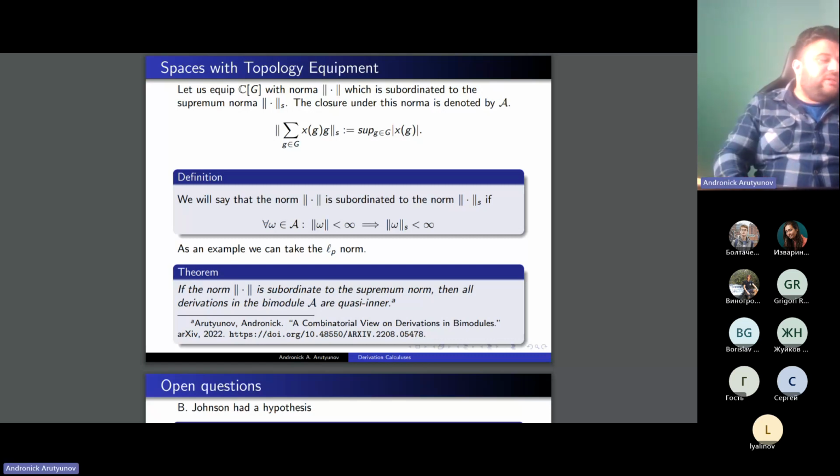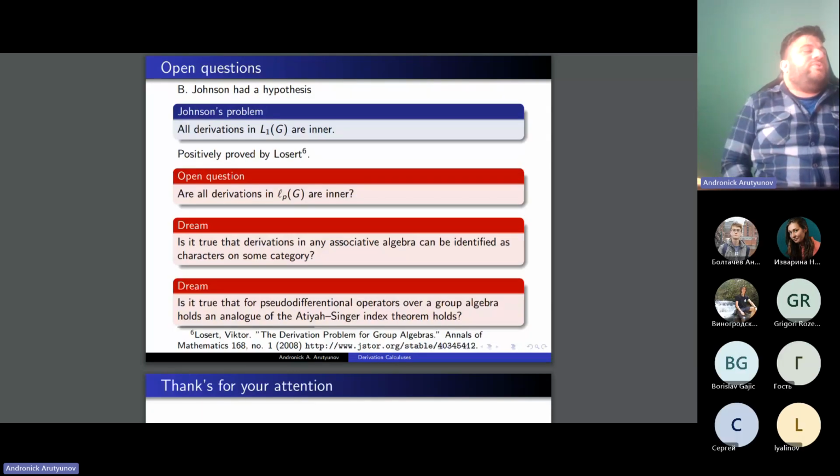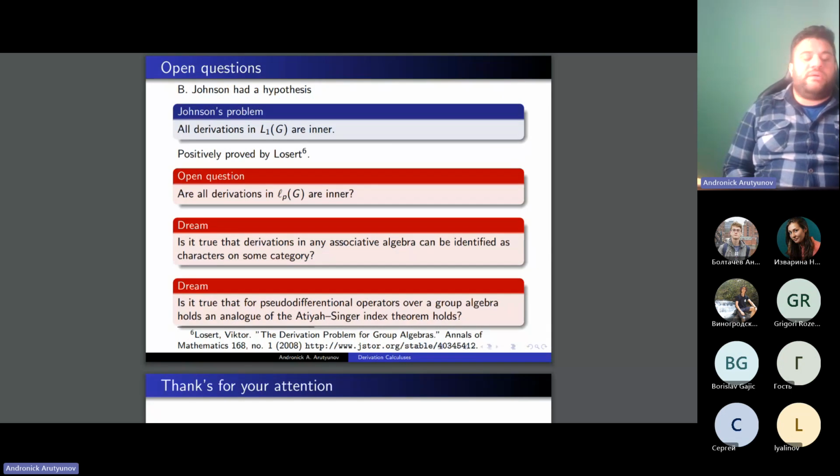Well, it is a well-known Johnson's problem whether all derivations in L1 of G are inner. This problem was positively solved by Victor Lazare in 2008. But they are working with L1, just L1, because it is an algebra. And our approach gives a possibility to think about LP.